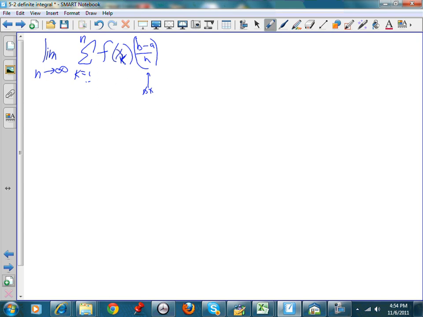If I let the limit go to infinity, we've got a new symbol, and we refer to this as the integral from a to b of f of x times dx. When you write this, there's a dx. Think of this as the infinitely thin width, and this is the height.